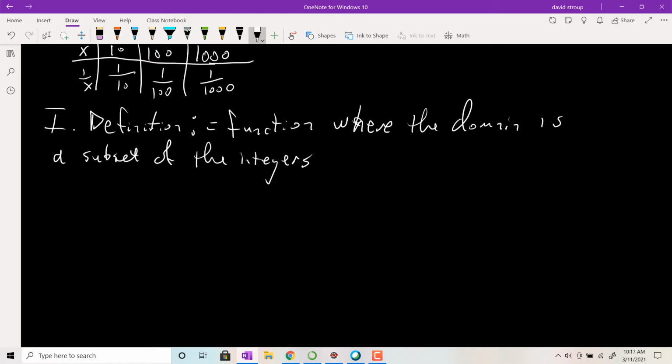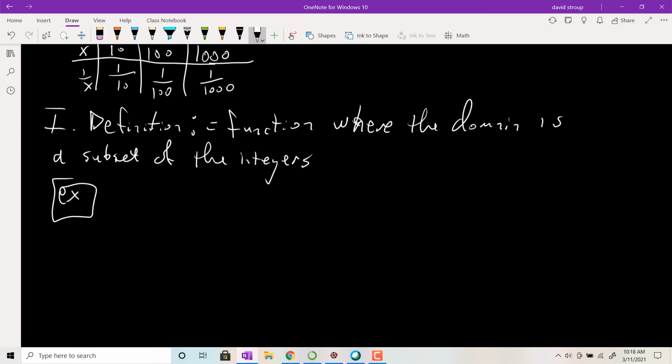Usually we're talking about the non-negative integers like 1, 2, 3, 4, 5, 6. We won't include the negatives. You might include 0, but you won't include -3, -4, -5.